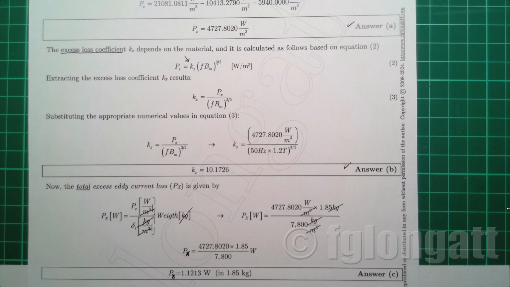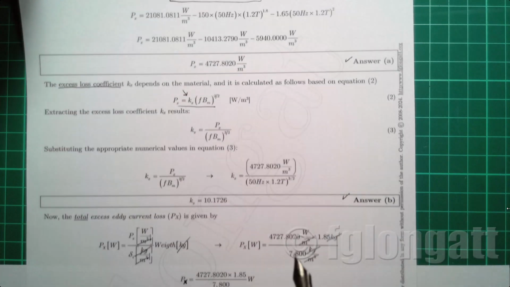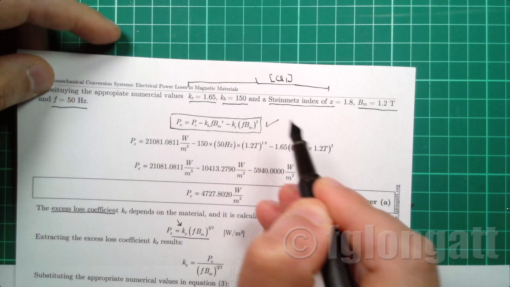As you can see, those questions related to active power losses are very, very simple. Basically, what you need to remember all the time is this equation, which is extremely important, and also this equation.